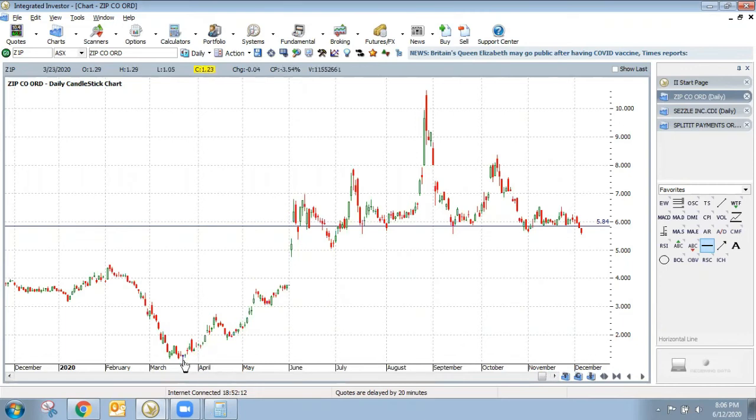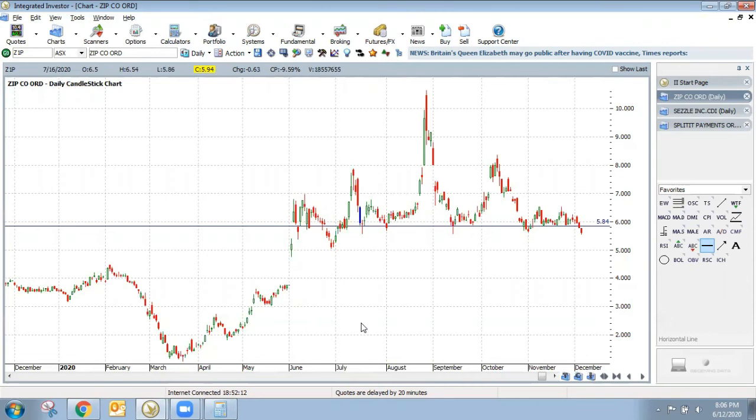Interestingly, when you take a look at it, what's the low back here? $1.05. So it would basically be testing back to the lows of March 2020. That's the projection. So that is a possibility should everything fall to pieces, and that could be what it would be based on the head and shoulders pattern, and that could be the situation.